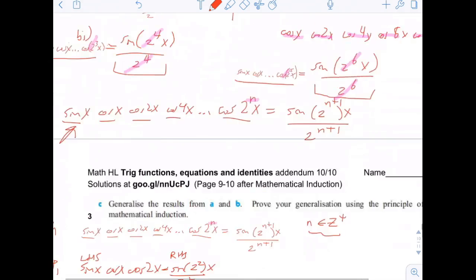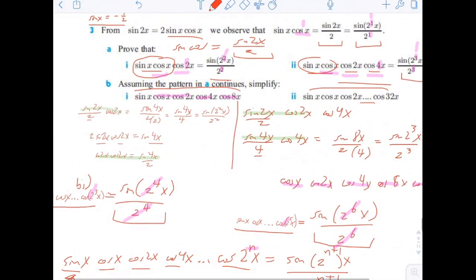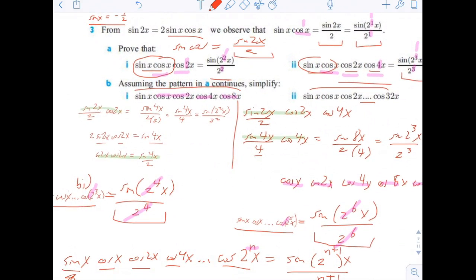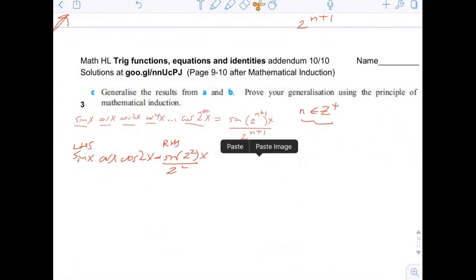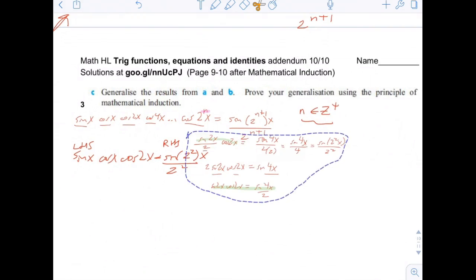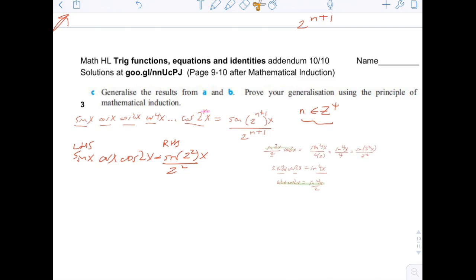And remember that we already showed this to be true in the previous part. So to prove that P1 is true, we can use that.